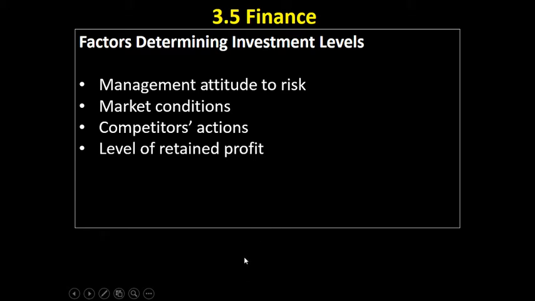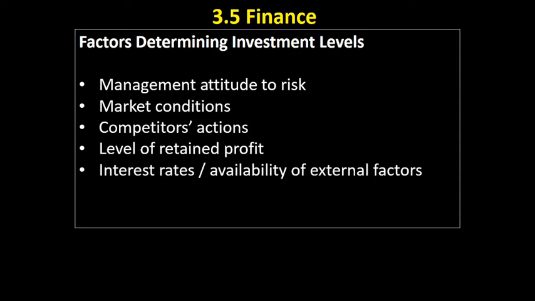The level of retained profit that an organisation has. The more retained profit an organisation has, the more ability it has to invest risk-free, because it doesn't have to borrow money or try and raise it from its owners by selling shares or anything like that.